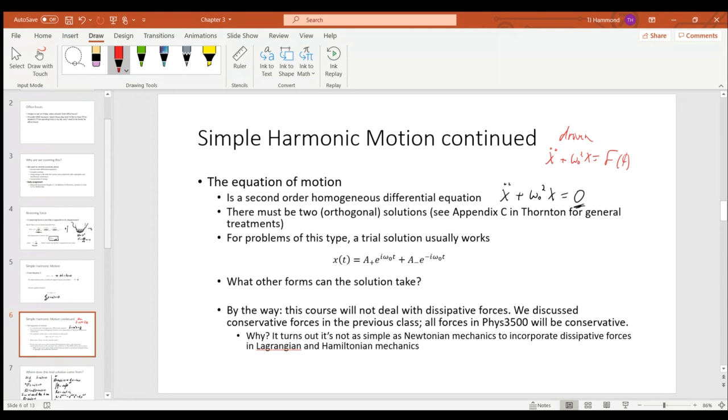Or what you'll see in electricity and magnetism is you'll have an electron in an electric field, and so this electron will be oscillating in this electric field, and this field is driving this electronic motion. So there are many, many instances of this driven harmonic motion, but having something on the right-hand side here that isn't dependent on x makes this an inhomogeneous differential equation, and these are harder to solve.